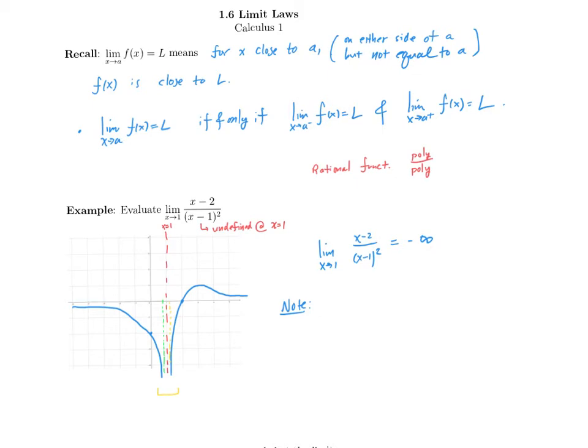And let me just note that the limit as x approaches a of a function can be plus or minus infinity, which is something I wanted to note at this point in passing, but it will certainly come up later on at other points in the course.